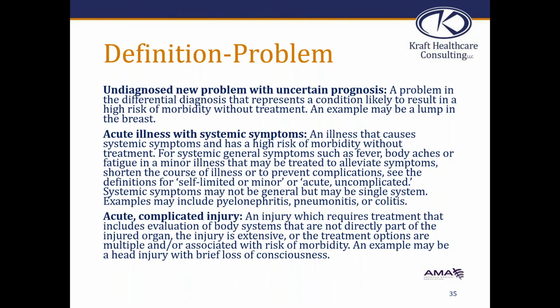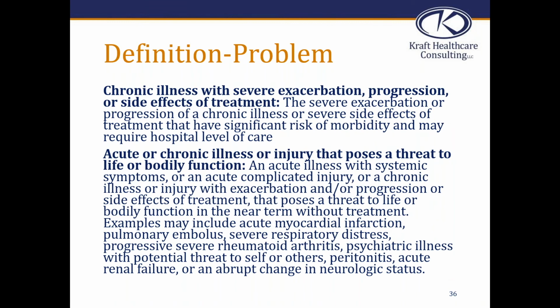COVID, our current pandemic, is a great example of acute illness with systemic symptoms. Acute uncomplicated injury. And I'm not going to read all these definitions again. You'll have the slides. You can go back to those. And then chronic illness with severe exacerbation, progression, or side effects of treatment. Acute or chronic illness that poses a threat to life or bodily function.